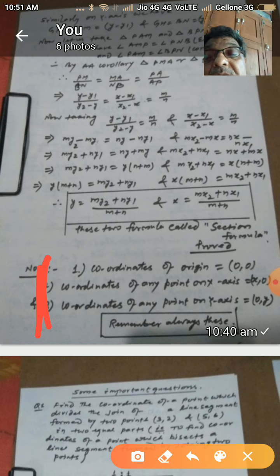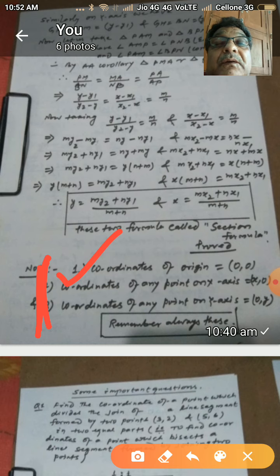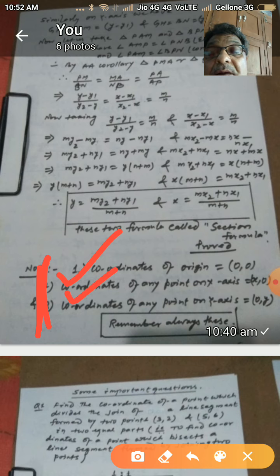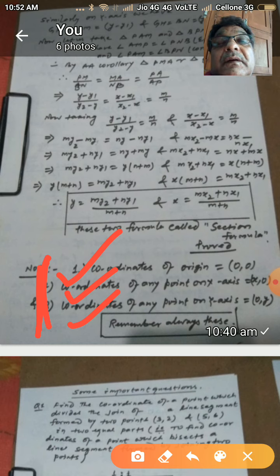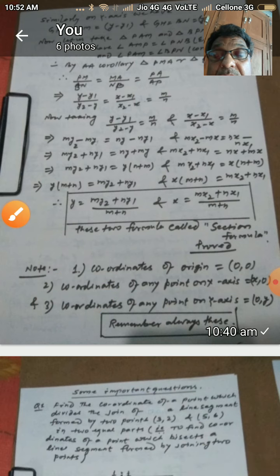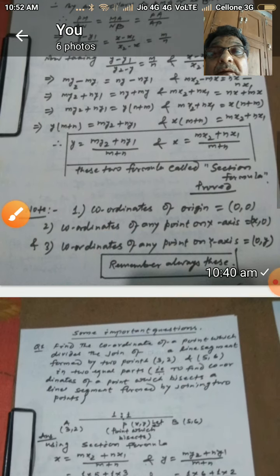These points are: first, the coordinate of origin is 0, 0; coordinate of any point on the x-axis is x comma 0; and coordinate of any point on the y-axis is 0 comma y. Although you have well read these things in your 9th class also, so remember this. These are always required during problem solving. So now let us see some questions.